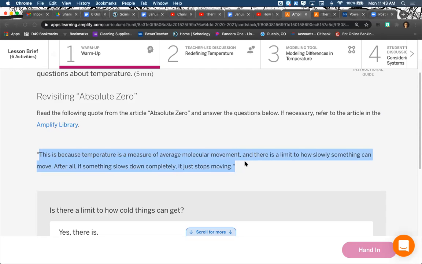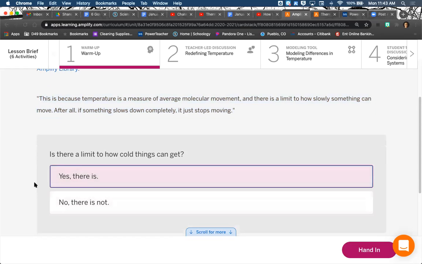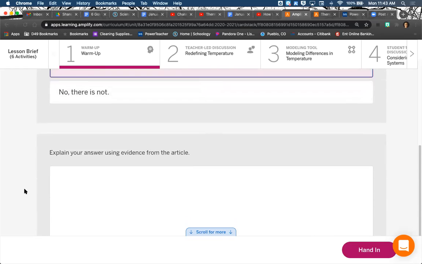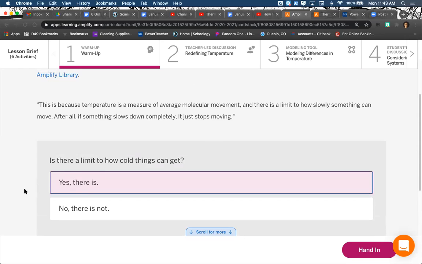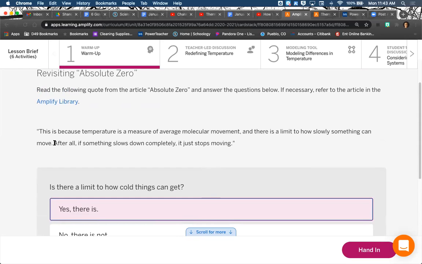So, is there a limit to how cold things can get? Well, yeah. Explain your answer using evidence from the article.